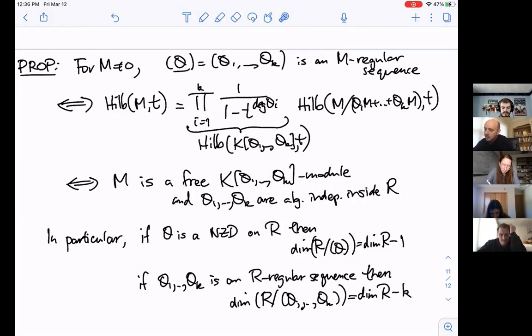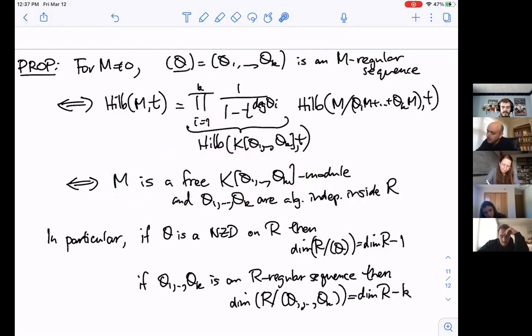Okay, and that's just seeing what happens with the order of the pole between these two. You just check that you've eliminated one from the order of the pole at t equals 1 in that case. All right. In particular, if you could get k equal to d, the Krull dimension of R, and find such a regular sequence, then you would have dropped it down to Krull dimension 0, and the original thing would be a free module over the subalgebra that they generate.